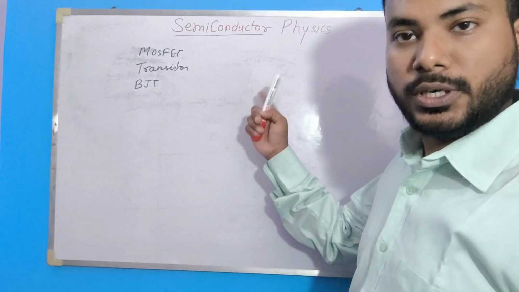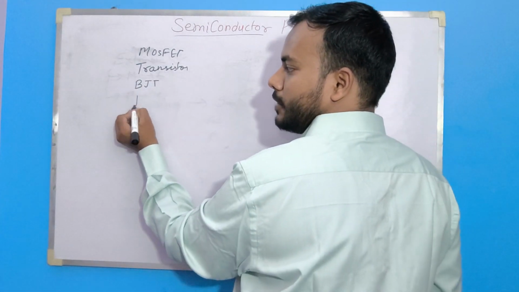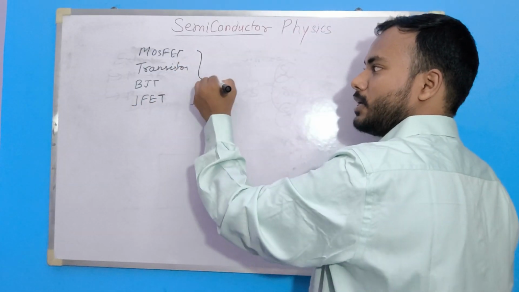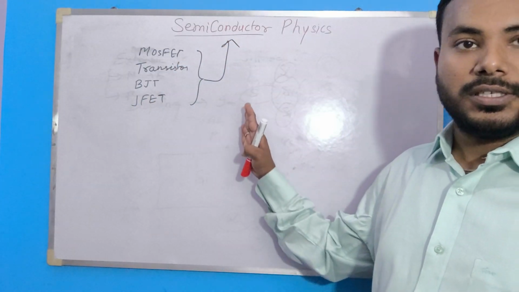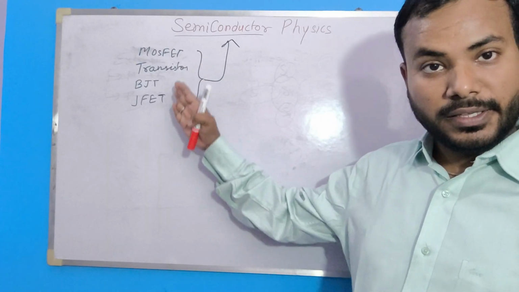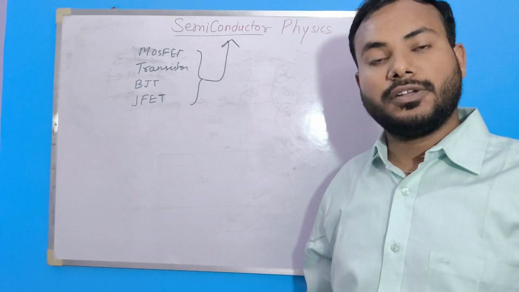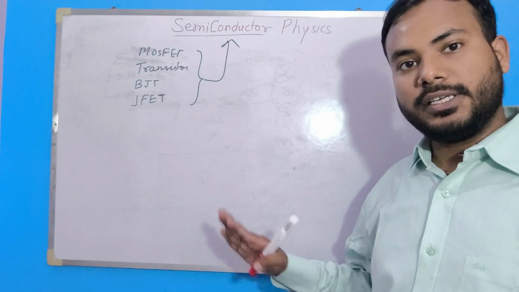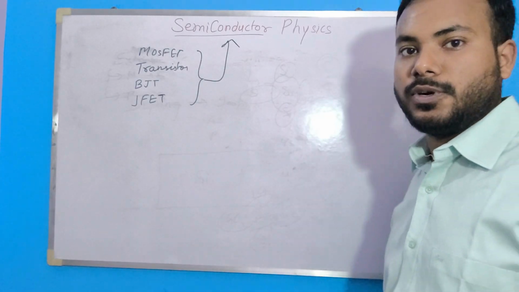BJT is also a transistor, and JFET. These are all semiconductor components which are used in the semiconductor. So let's understand how a semiconductor works.